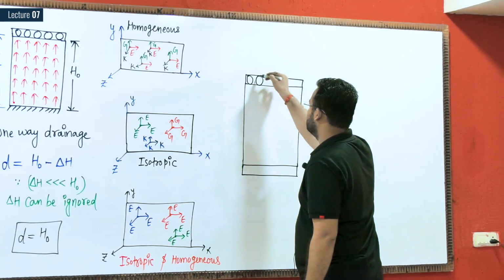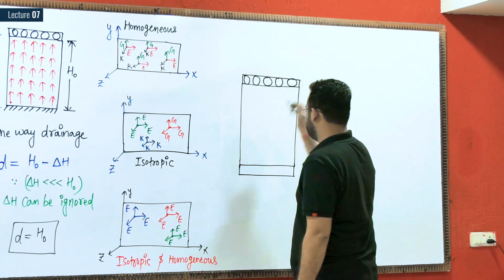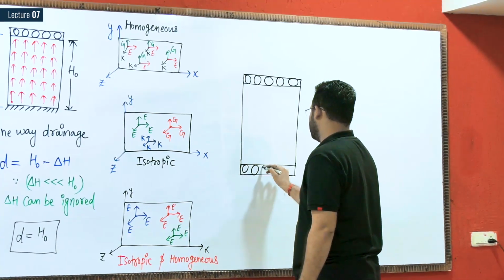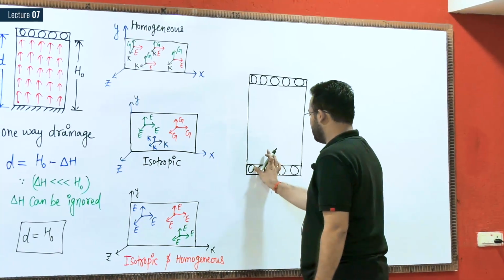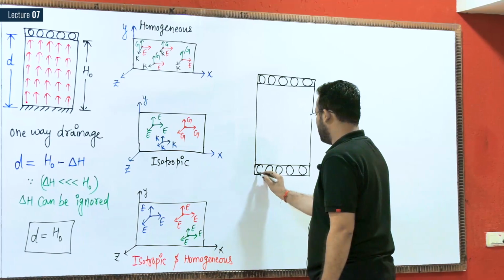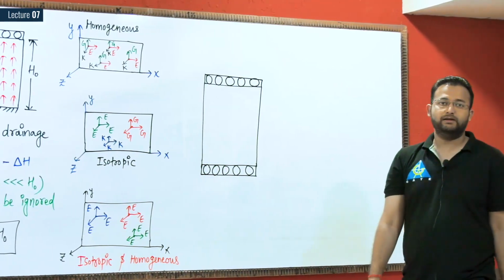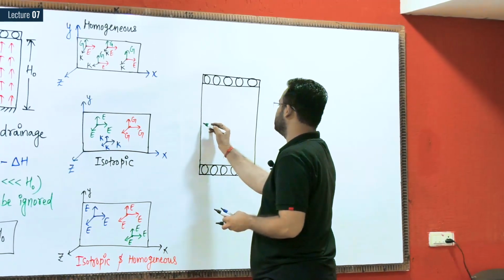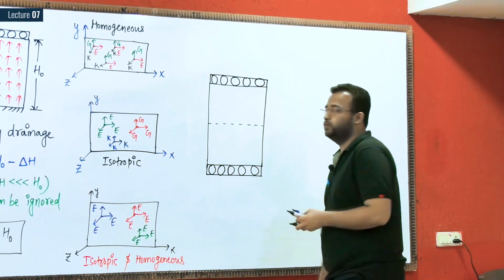One thing I want to clear: all the voids of the soil are fully saturated. So what will happen? If voids are fully saturated, they can have pore pressure. This is the example of your two-way drainage.